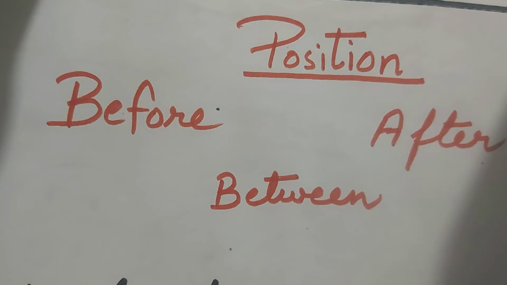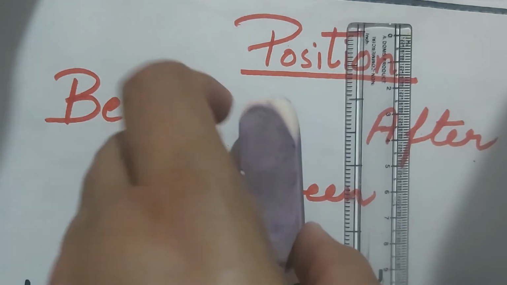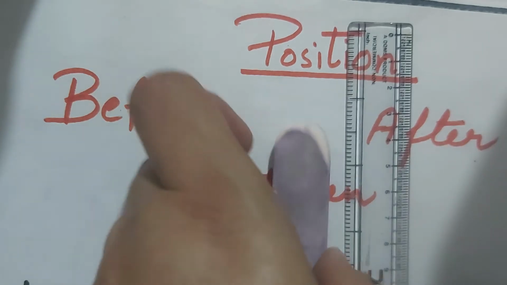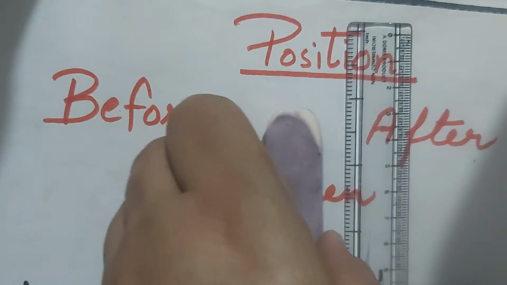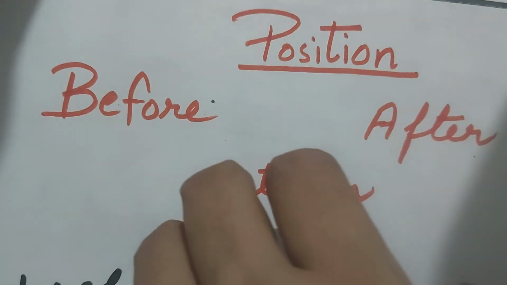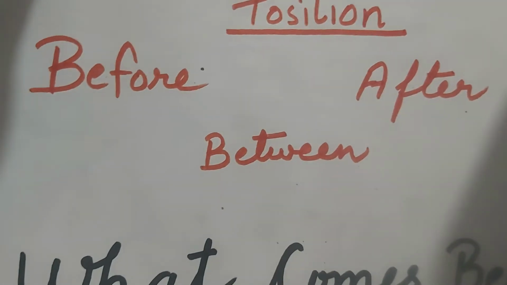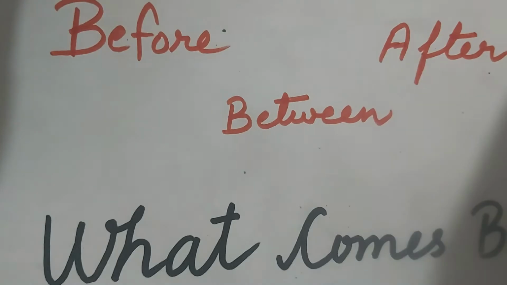Okay, now there is an eraser and a ruler. So the eraser is before the ruler. The position of the eraser is before the ruler. So before, after and between tell about the position. Okay, so today we are going to do what comes before.